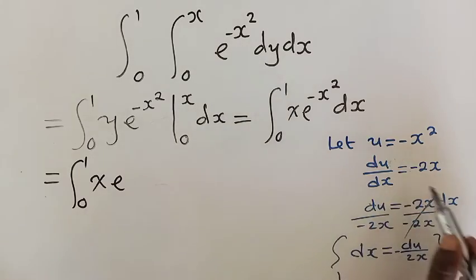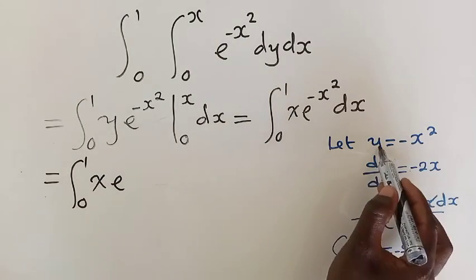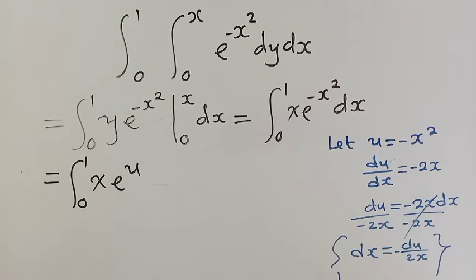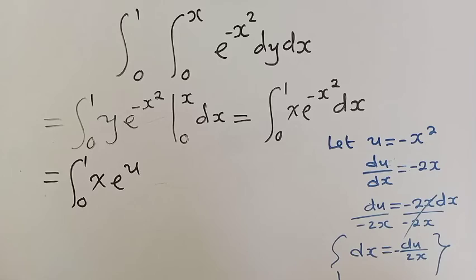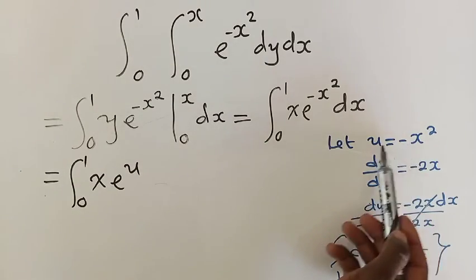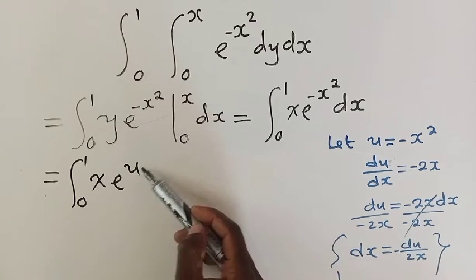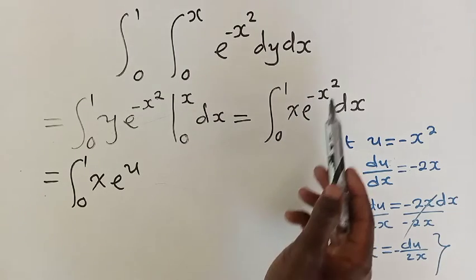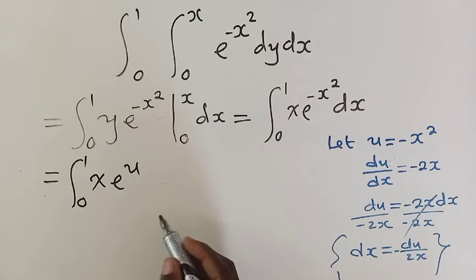e power u, this u. Okay, so we've just gotten this u, if you can see this u, and put it where this power negative x power 2 was.